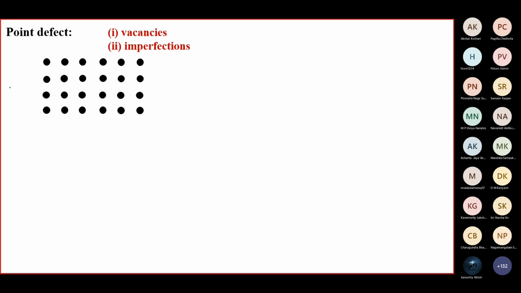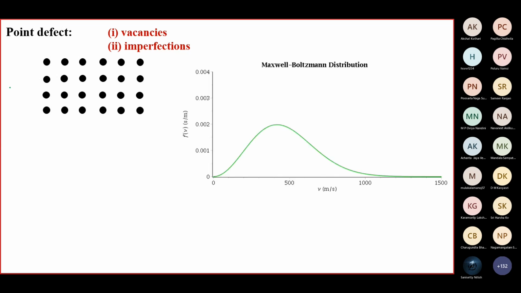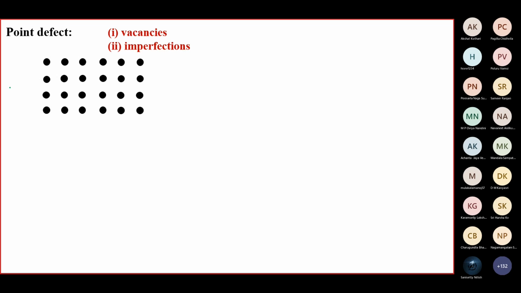Sure. So in vacancies, as the name itself suggests, one of the atoms would be missing. That is called a vacancy. If this is a crystal, we expect a periodic repetitive array of atoms in all directions. If one of the atoms is suddenly missing, that is a vacancy.